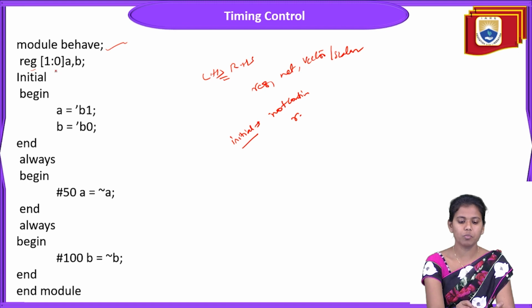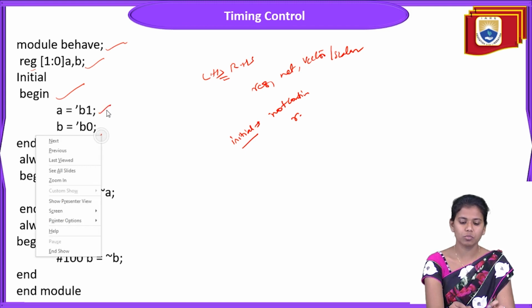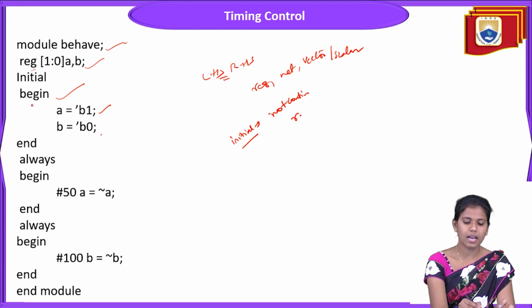So register [1:0] means we have 2 bits of data stored in the register with inputs A and B. I'm initializing: initial begin, A equals 1, B equals 0, and I'm ending with end. It's done.